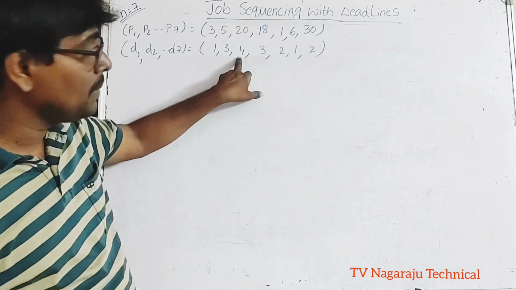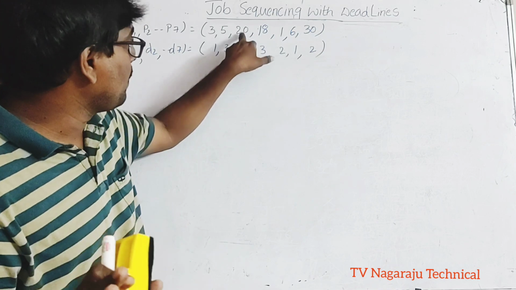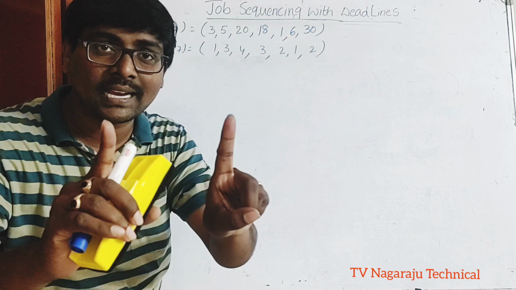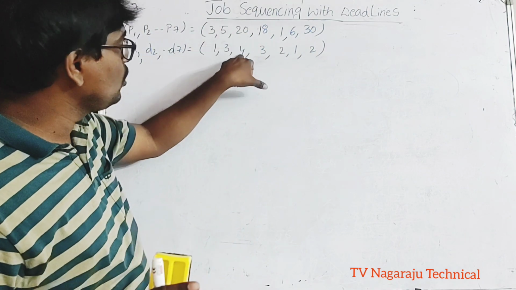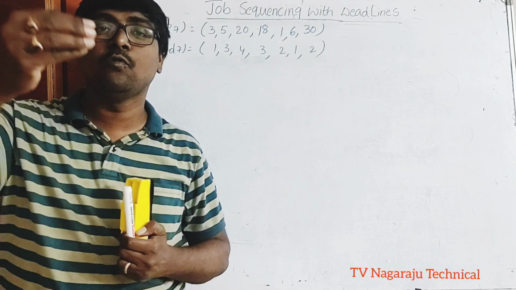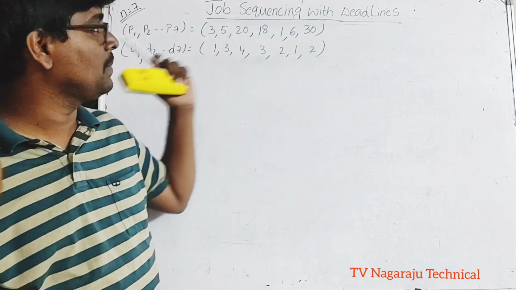Even though here it is 4, it does not need 4 seconds for execution. The time for execution is always 1 second. But here the maximum duration they gave is 4 slots or 4 seconds, and within those 4 slots you can execute on any slot. That is the meaning.